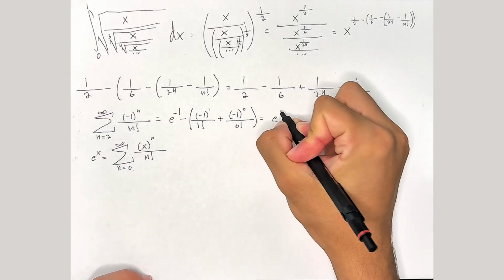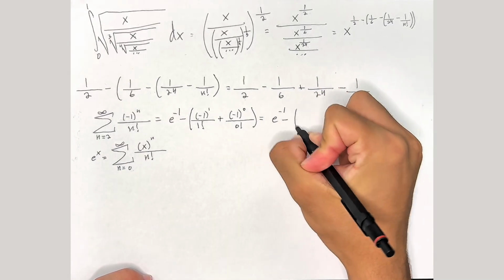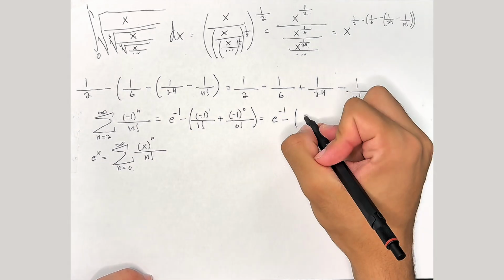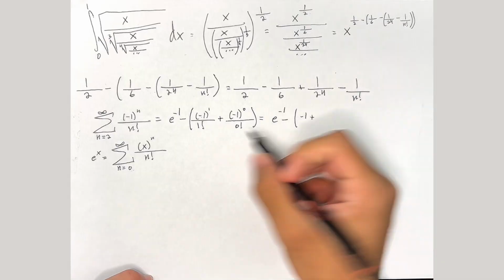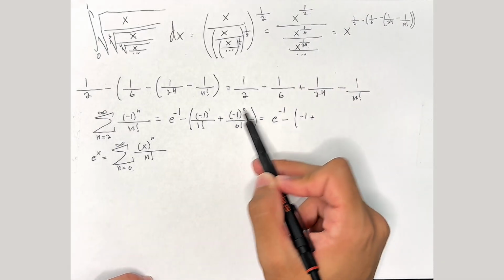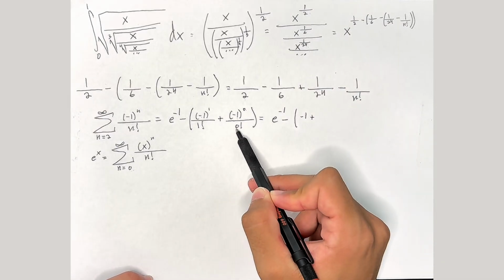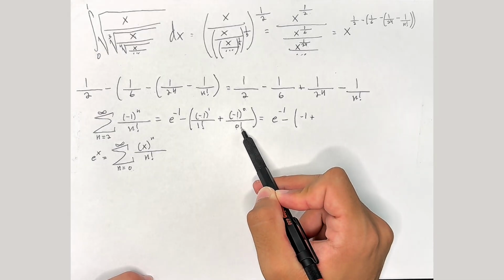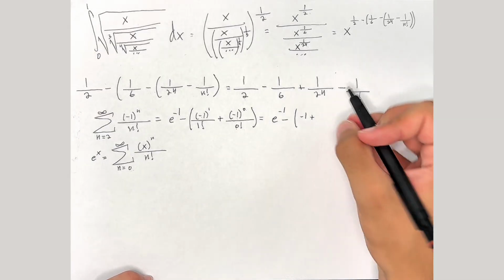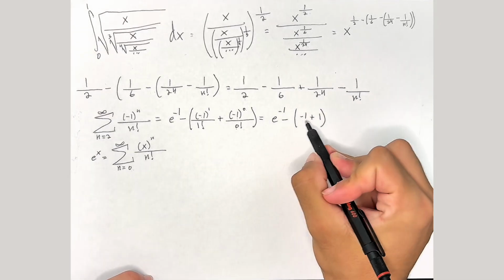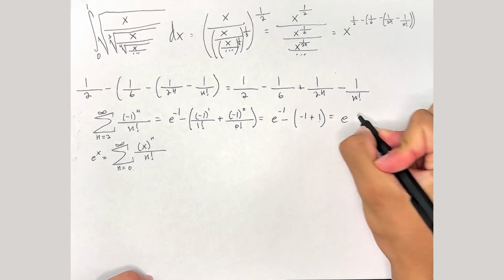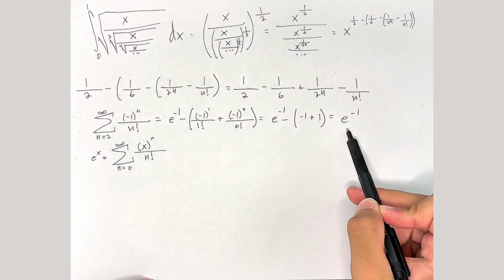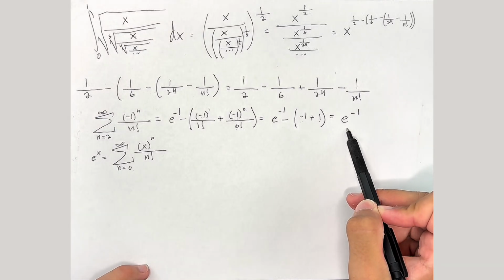We can simplify this to e to the -1 minus -1 to the 1 is just -1, and it's over 1, so we just have negative 1. And then here you have negative 1 to the 0, which is 1 over 0 factorial. 0 factorial is 1, so this is just 1. These terms cancel out and we get 0, so this whole thing is e to the negative 1 right here.